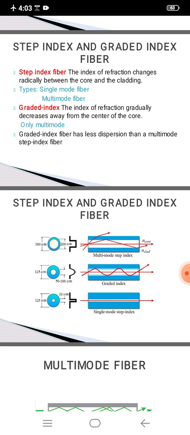So in graded index fiber, the refractive index of cladding will remain same, but the refractive index of core will change from the center to the core cladding interface. So in this graded index fiber, only multi-mode is possible. So the graded index fiber has less dispersion than a multi-mode step index fiber.